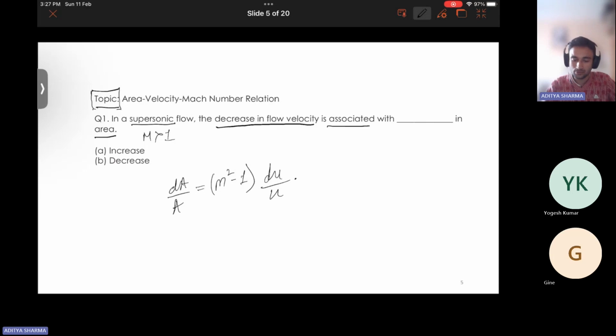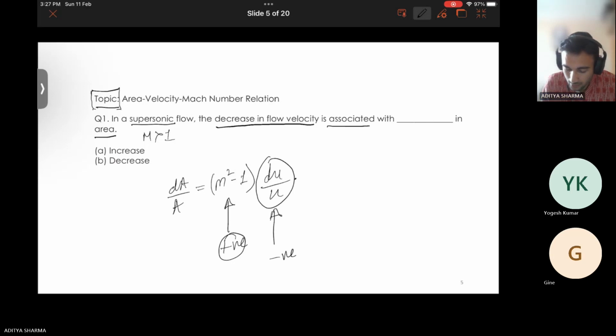So let's see how. Because M will be greater than 1, this M squared minus 1 will be positive. And it is given that the velocity is changing, so this du by u part will be negative.